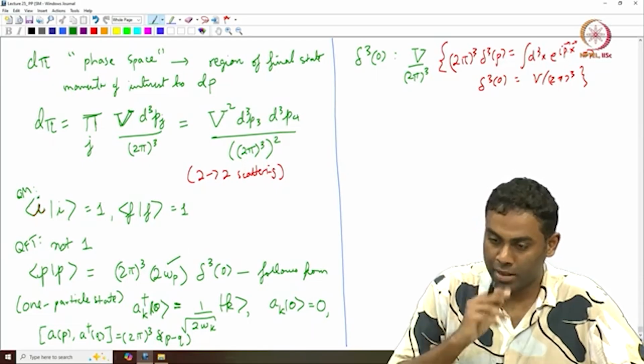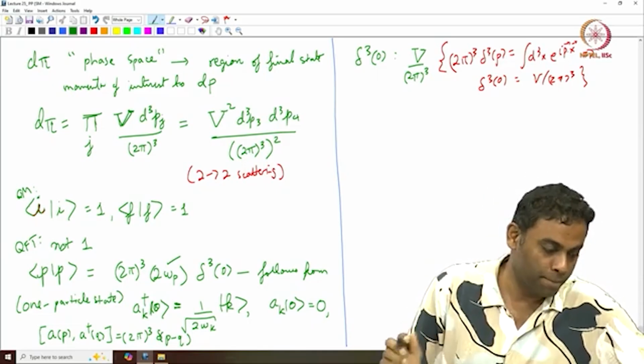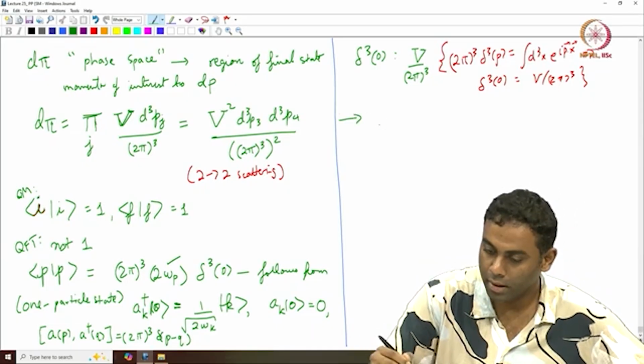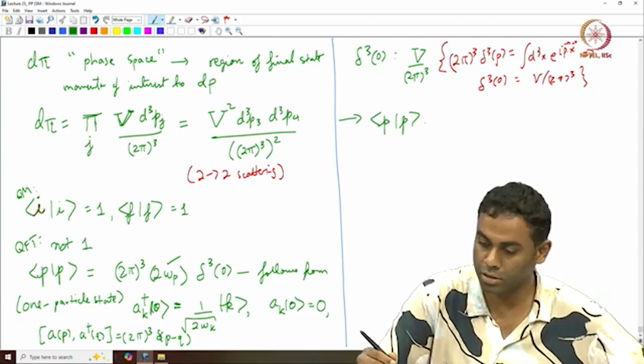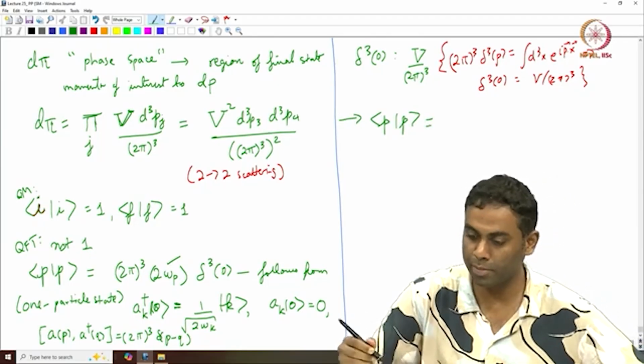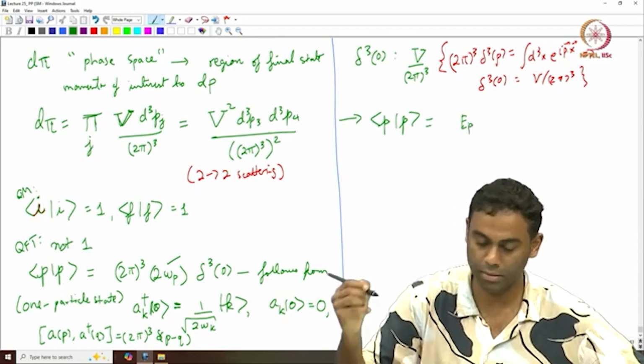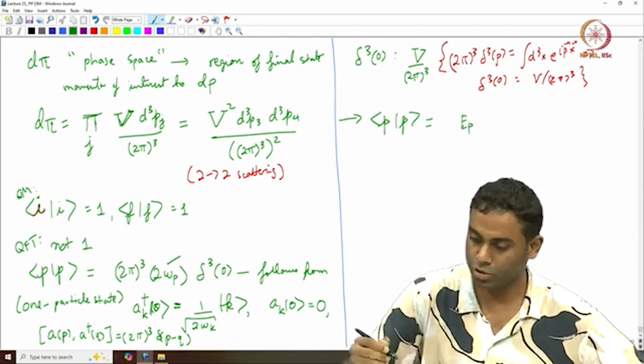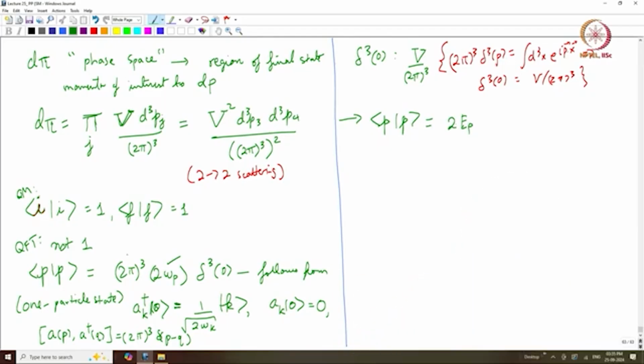So putting all this together, this norm is nothing but, instead of omega p, let me just write E_p, so 2 E_p, now 2 pi cube times delta cube of 0 is nothing but the volume.